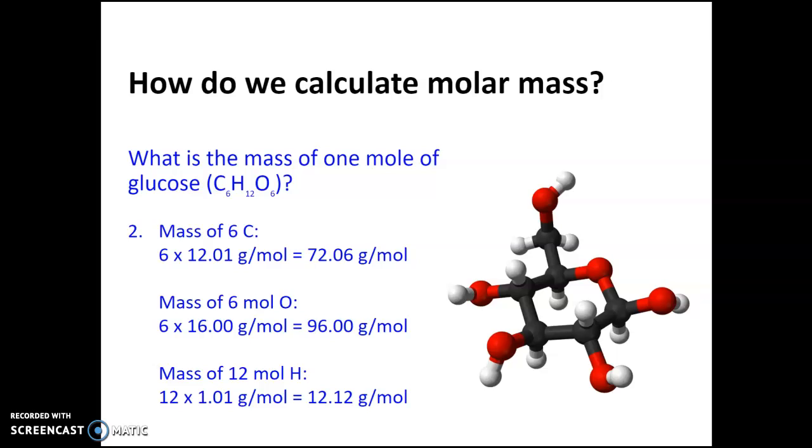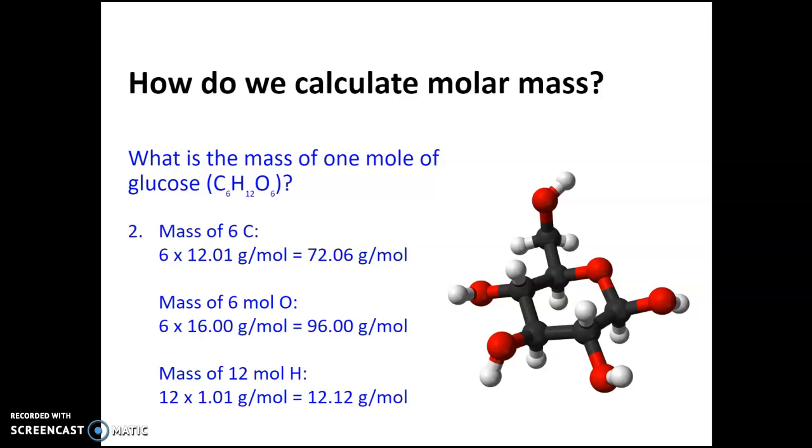So we need to find the mass of 6 carbons, since we know there's 6 carbons in a glucose molecule. So we can do 6 times the molar mass of carbon, which we found to be 12.01 grams per mole. And that gives us that carbon contributes 72.06 grams per mole. We do the same with oxygen.